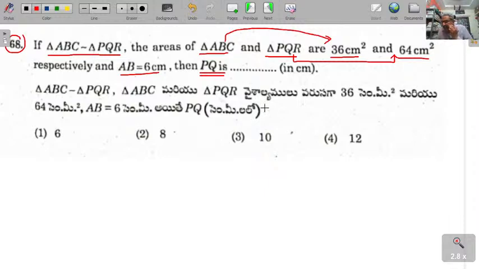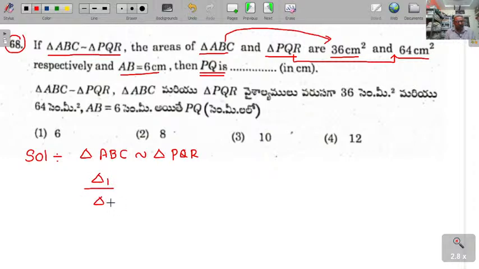Very good evening. Right. So we have this condition. Since triangle ABC is similar to triangle PQR, area of the first triangle, delta 1, by area of the second triangle, delta 2, is equal to AB by PQ whole square.